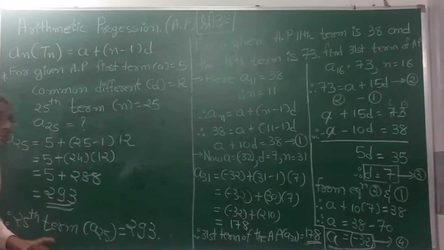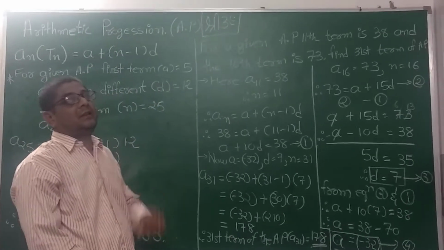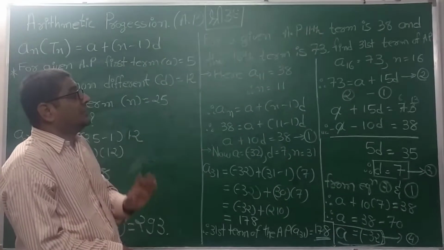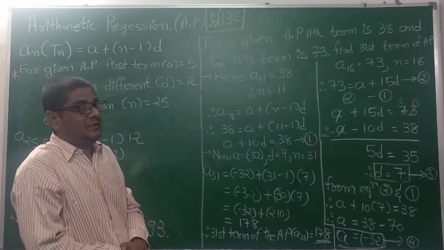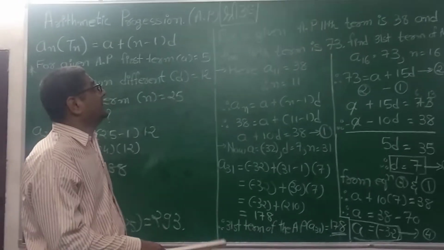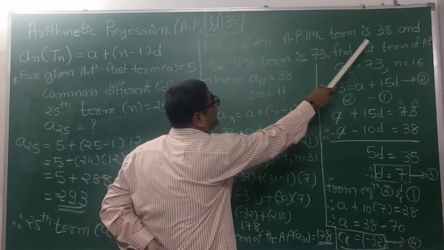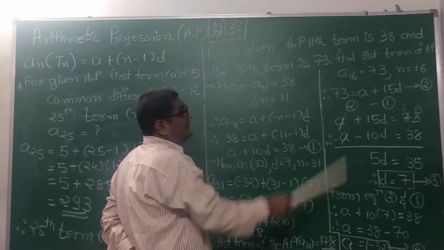Now sometimes in the same AP, 2 terms are given with respect to their term numbers. That is known as an application of linear equations in 2 variables. So the second example: for a given AP, the 11th term is 38 and the 16th term is 73.